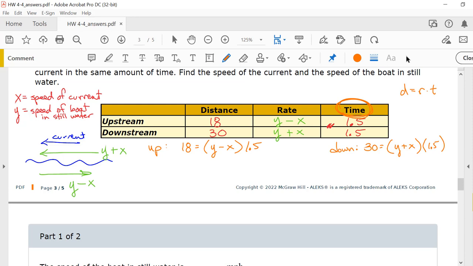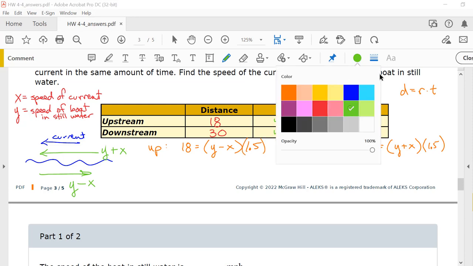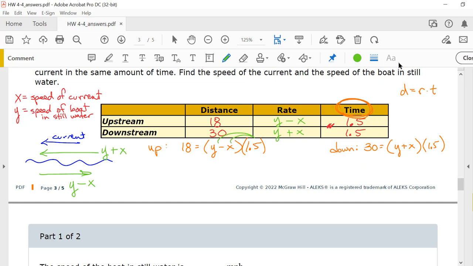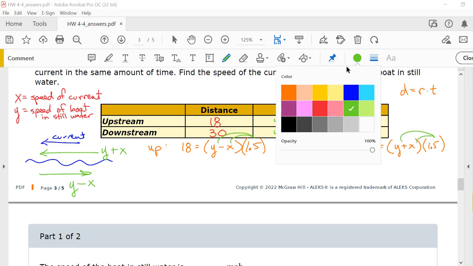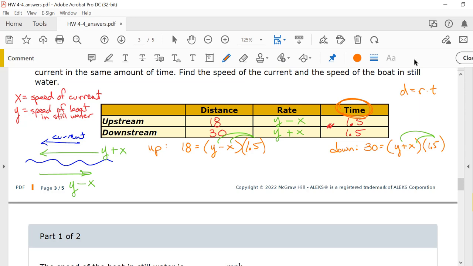All right, let's distribute these 1.5s, right here and right here. So my two equations will be 18 equals 1.5y minus 1.5x, and the other equation will be 30 equals 1.5y plus 1.5x.